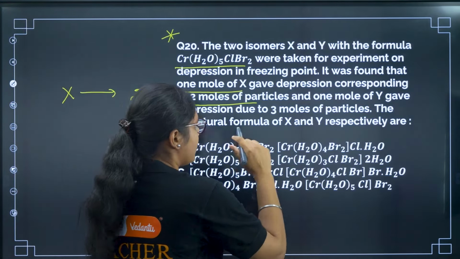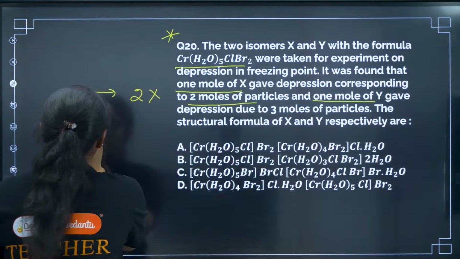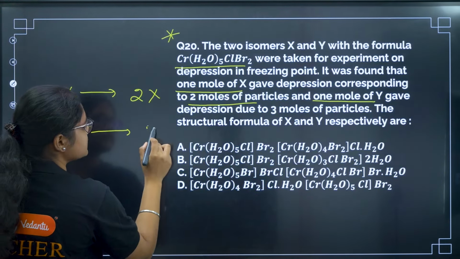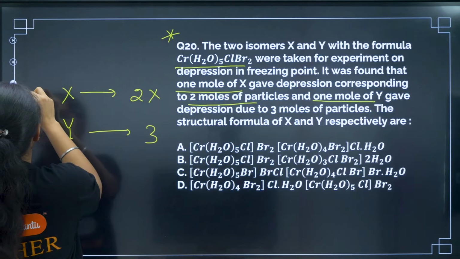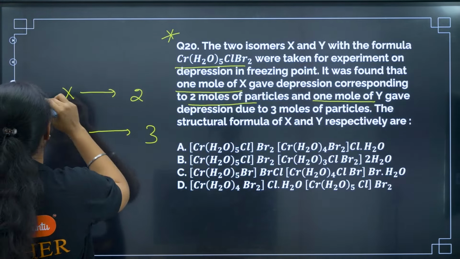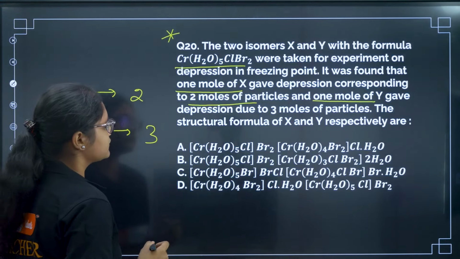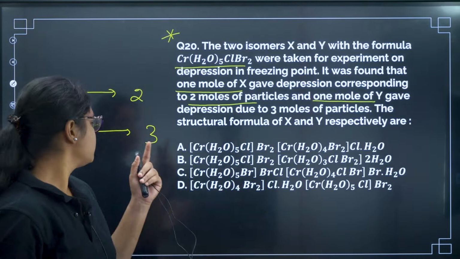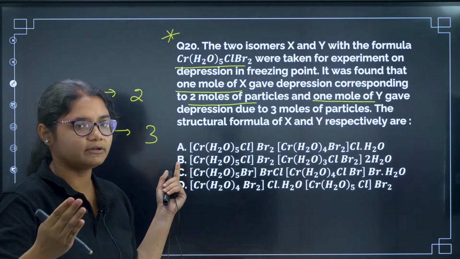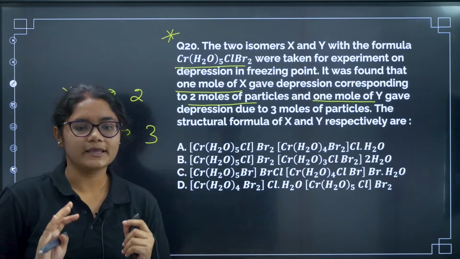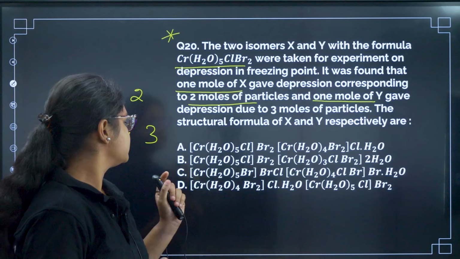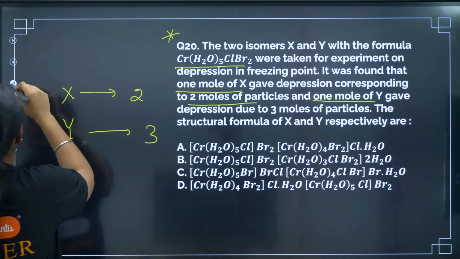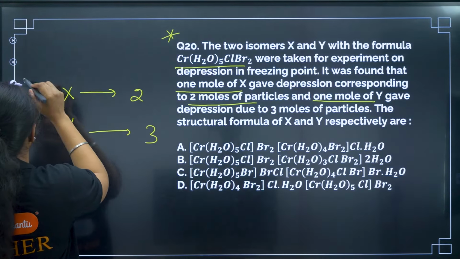And 1 mole of Y was dissociating to give 3 moles. So now you have to check in these options which compounds will form 2 ions for X, and 3 ions for Y, right? Now we will check each and every option and compare the answer.